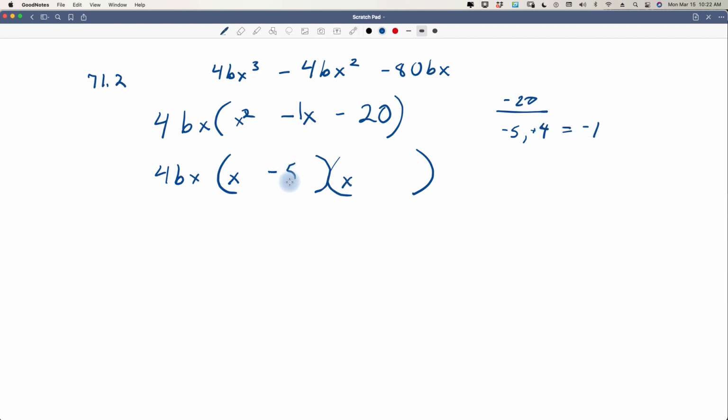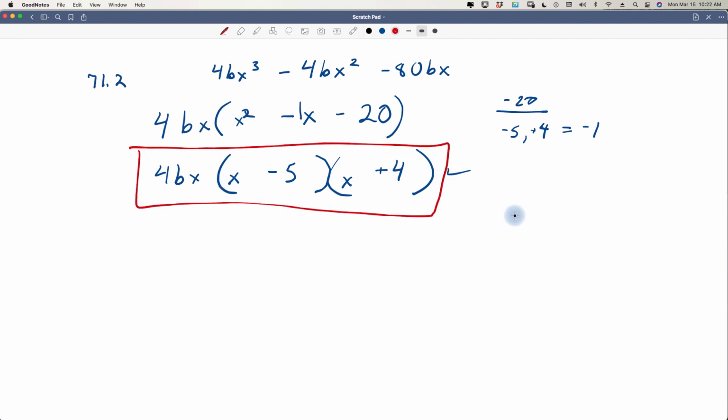So we drop negative 5 and positive 4, and that's going to be our factorization of this trinomial. Okay, this would be the right answer here. That's what you would type into the system. All right, 71.3.